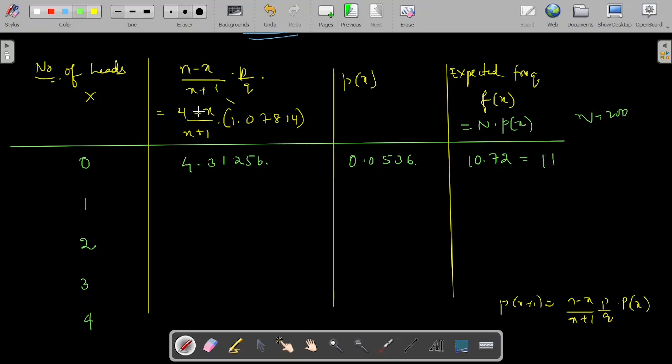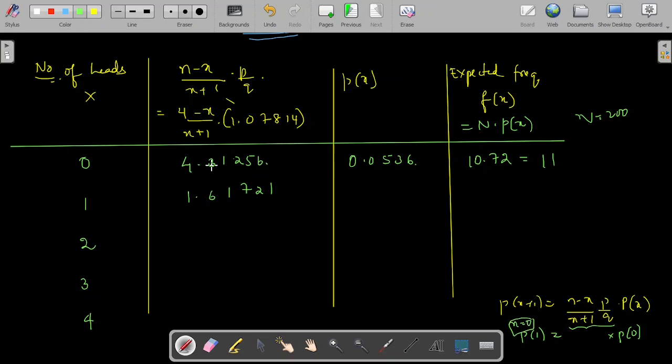Now similarly, when x equal to 1, 4 minus 1 by 1 plus 1, 3 by 2. So 3 by 2 into 1.07814 gives you the value 1.61721. So now you need to find out P of 1. How to get P of 1? P of 1 equal to this expression into the value of P of 0. To get P of 1, we put x equal to 0.